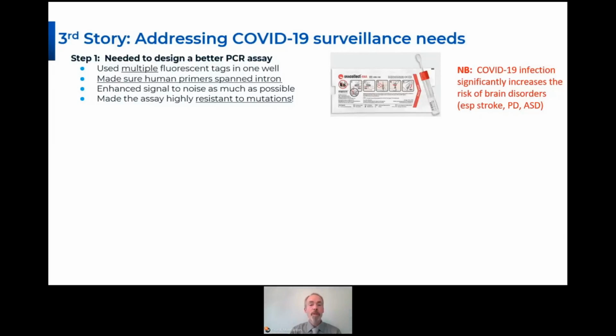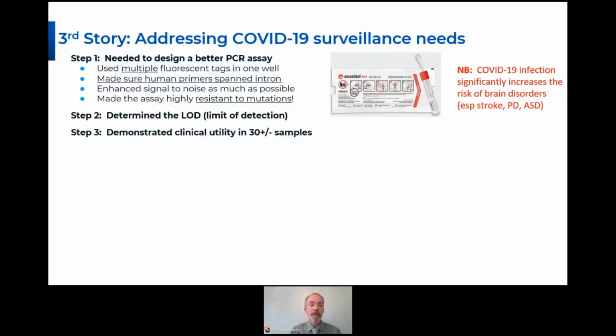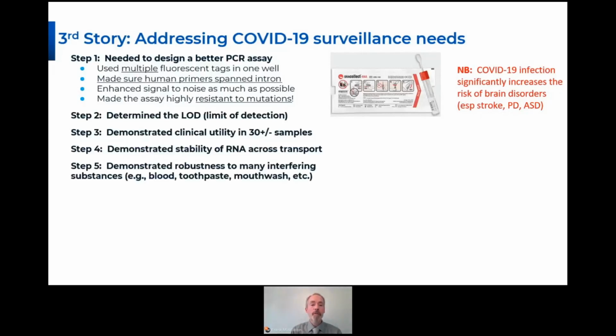So all that we really needed to do was use the same swabs we were familiar with, design a better PCR assay, determine how low the limit of detection was for the virus, show that it was useful and specific and sensitive, show that the salivary content of the virus would actually be stable across transport, show that that was also robust to interfering substances that could appear in the mouth.